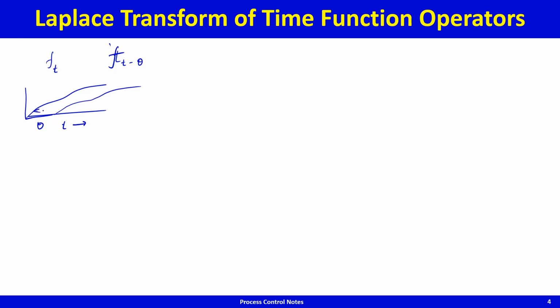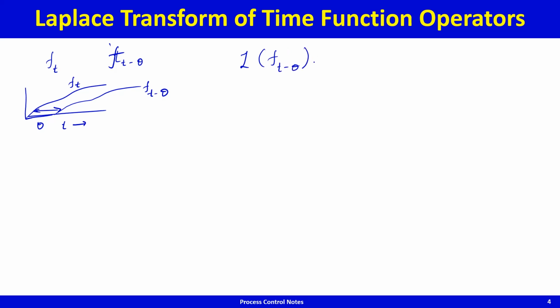This is that delay. So this is f of t, this is f of t minus theta, and you can see that by subtracting theta I'm shifting the function rightwards.